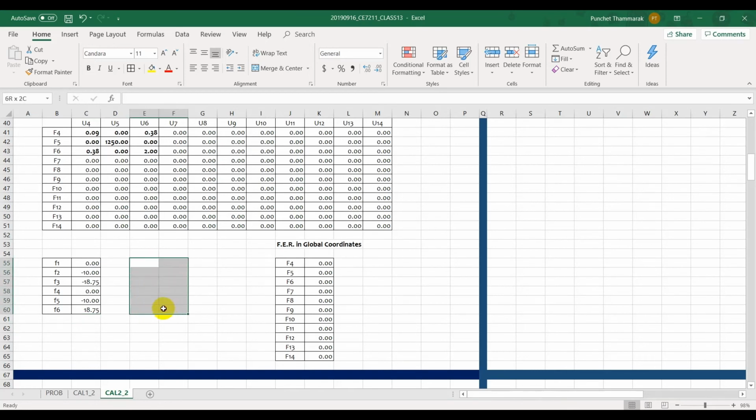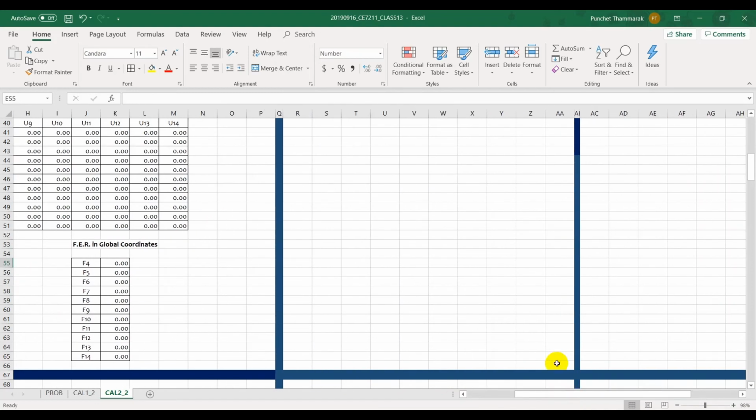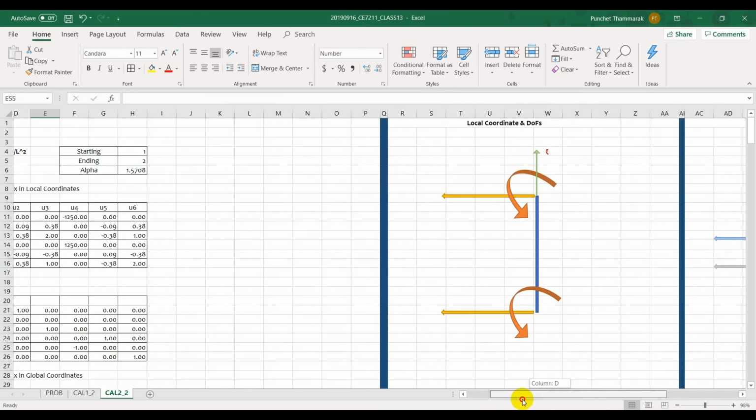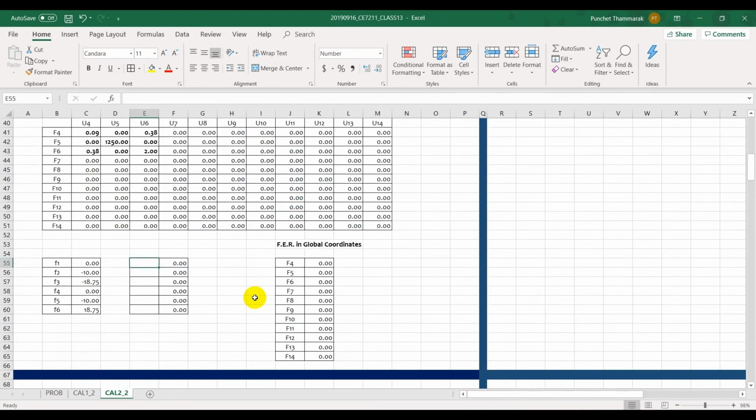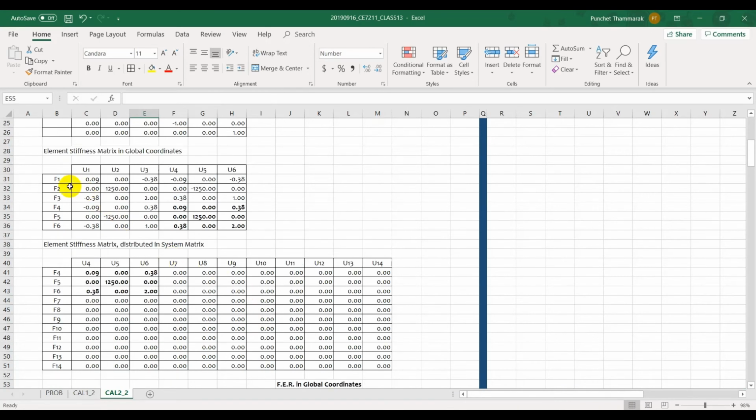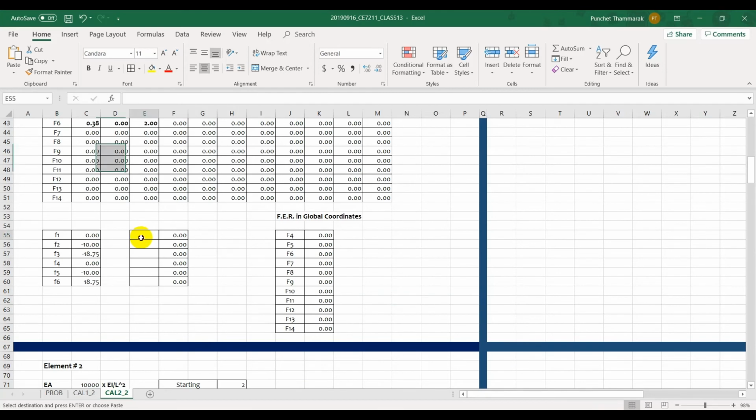Next, we will perform the transformation. F1 until F6, actually we have all of them, they correspond to this equation.